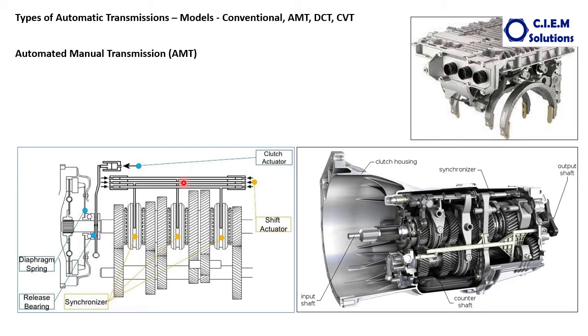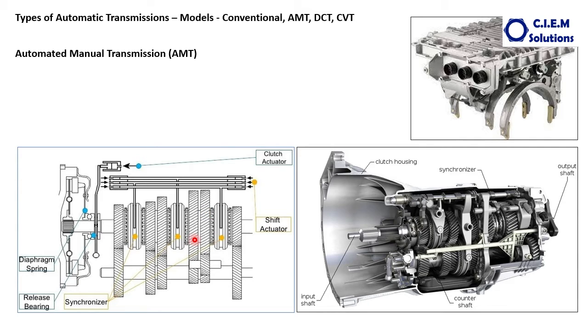The advantage of this transmission is that it is very low cost compared to the conventional automatic transmission, because the construction, the technology and the components involved are comparatively less, so definitely there will be lower fuel consumption compared to the conventional automatic transmission.